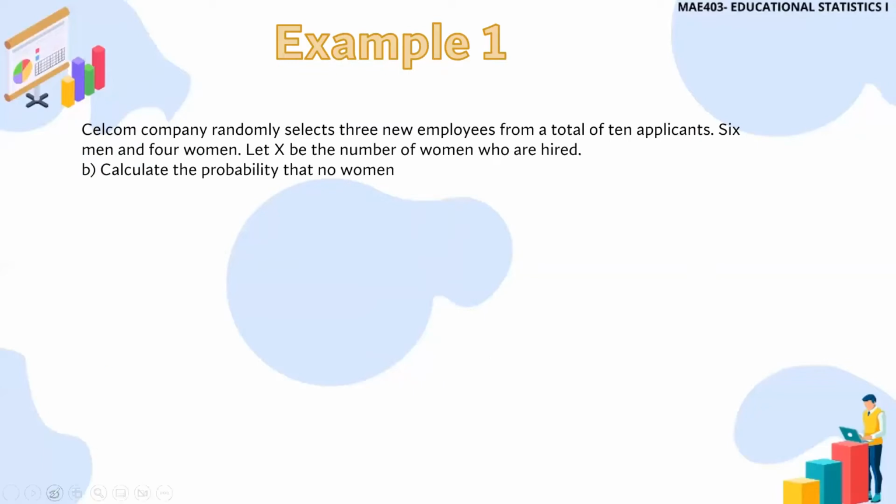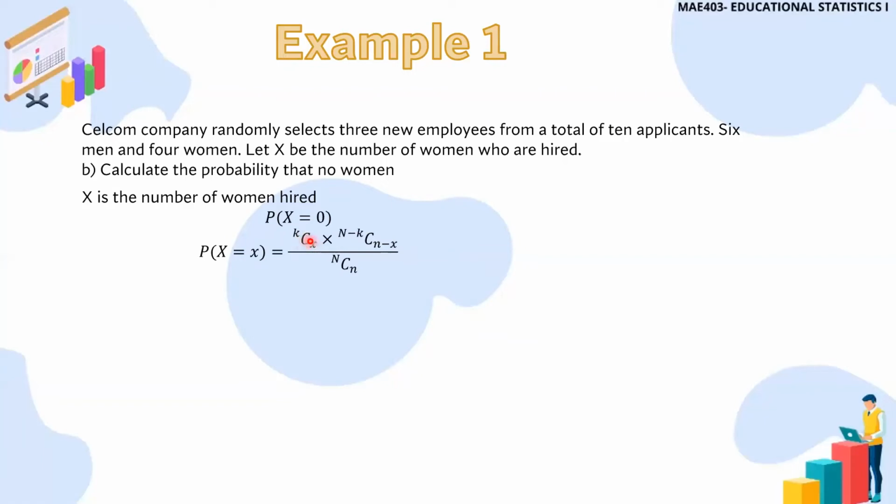Next, the second question. Calculate the probability that no woman will be hired by the Cellcom company. So here the probability of the number of hired women is 0. Then substitute into the formula to find the hypergeometric probability. K is 4 because there are only 4 women, and the selected sample is 3 employees.